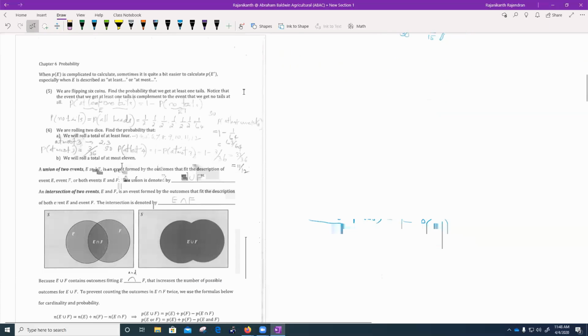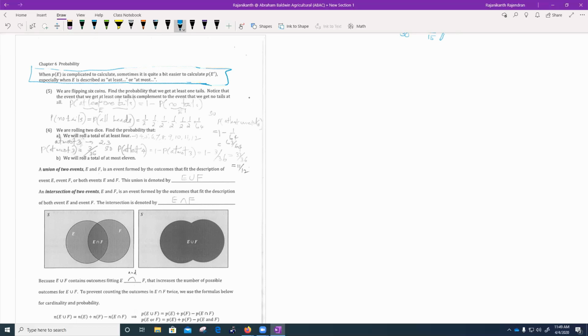Okay, anyway, I'm going to do number 5. So let's look at the note given here. What are they telling? Could you read this? When the probability of any event is complicated to calculate, sometimes it is quite easy to calculate the probability of E prime, especially when E is described like at least or at most.